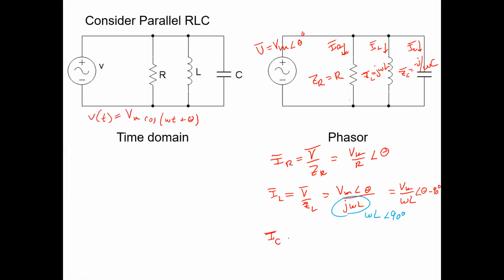Finally, IC equals V over ZC. And that equals Vm angle theta over 1 over omega C with an angle of minus 90 degrees. So that's going to give us omega C Vm with an angle of theta plus 90 degrees.